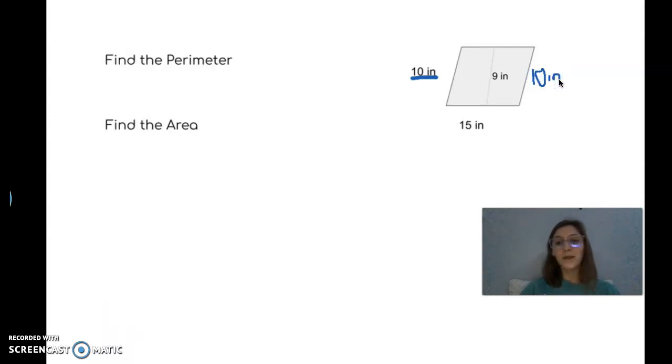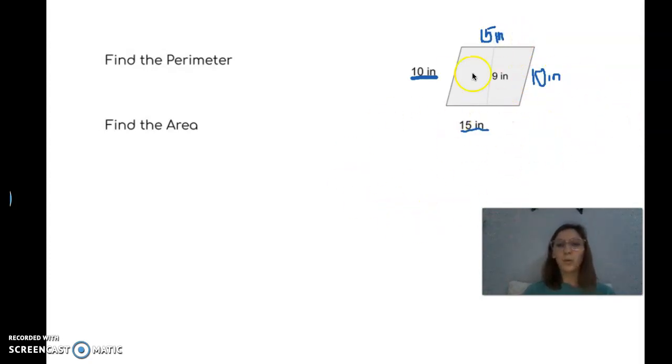Notice it switched from centimeters to inches. Alright, so down here on the bottom, I have 15. My corresponding side will also be 15. Good. Alright. Any questions so far? Oh, look at me. Making mistakes. 15 inches.